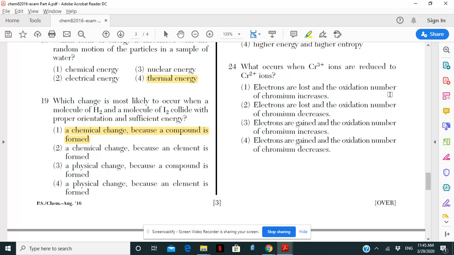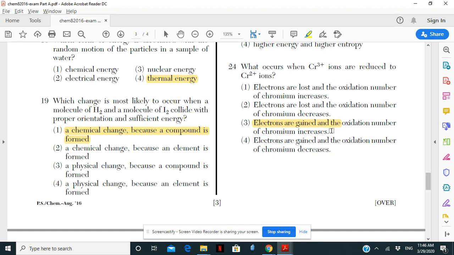That's why the oxidation number decreases, because if it gains negative charge, when you add it to the positive, it's going to be less positive. As we know, reduction means gain of electrons, gain of hydrogen, or loss of oxygen.